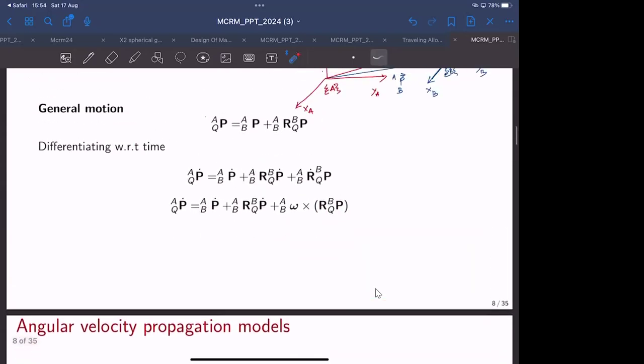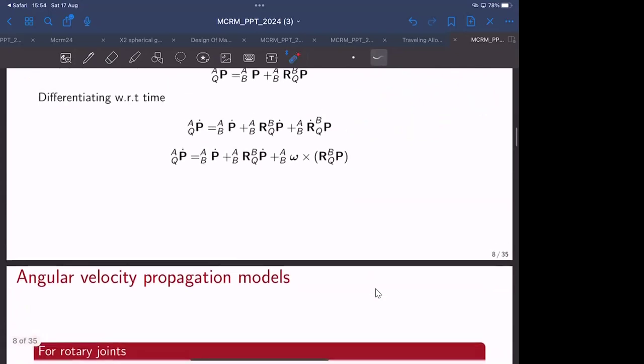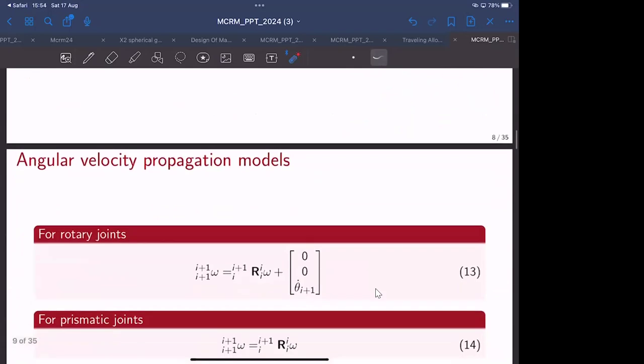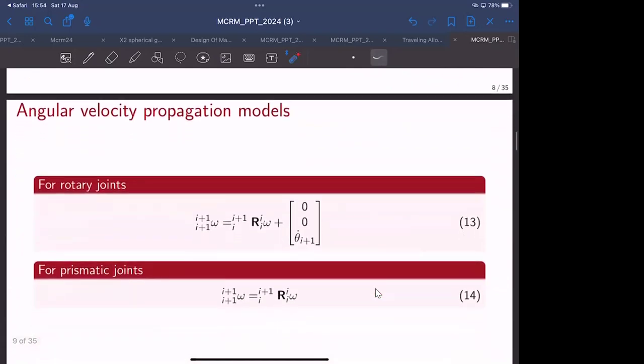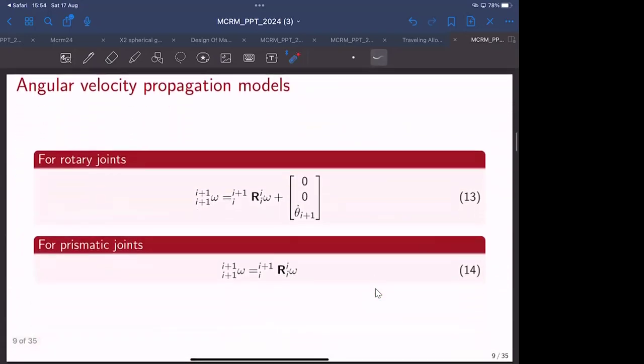Yeah. And we would use this principle to propagate the linear velocities and angular velocities, right? For example, if you have a robot manipulator like this, you can consider all the joints to be vertical. So this is a joint.